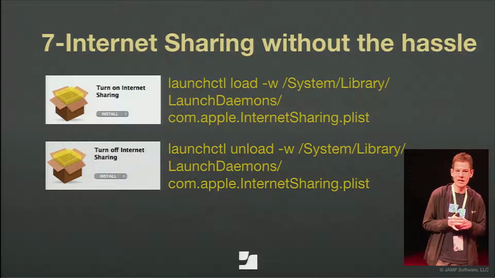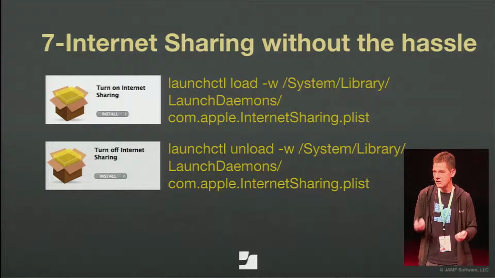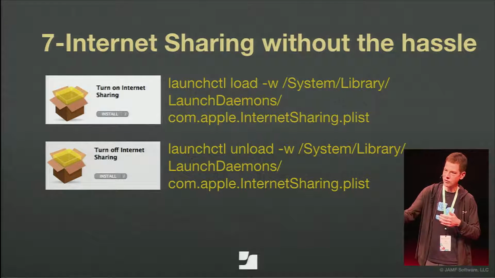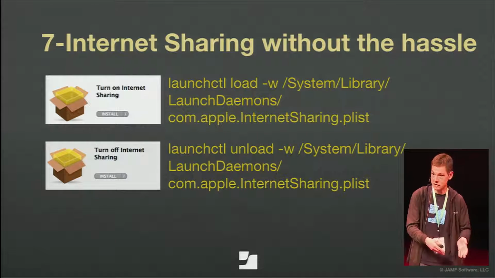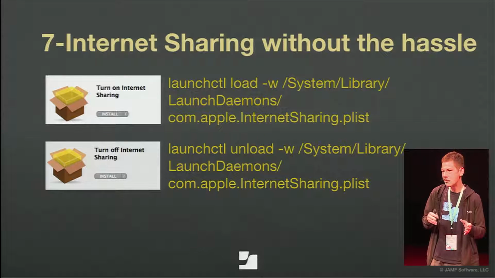Internet sharing. That's a useful functionality if, say, you've got an Ethernet connection in an office or a conference room or a teaching room, and you want to create your own ad hoc Wi-Fi network for whatever reason. Maybe you've got some visitors. It's very convoluted to know how to turn on internet sharing.